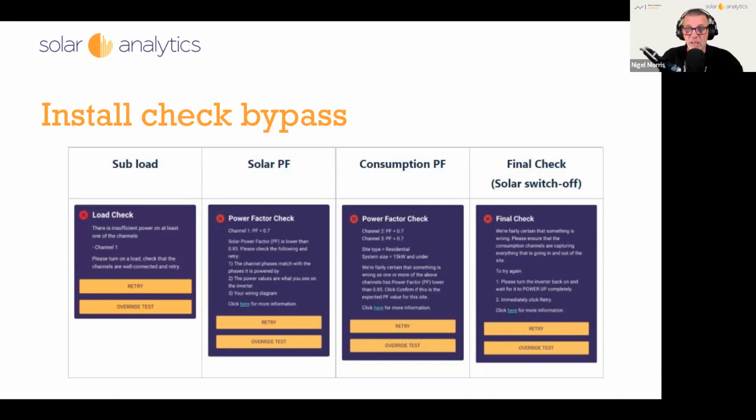Now, of course, if you don't fix the problem when you do the override, you're going to have a site that's not working properly and you're going to end up having to call in. So don't push it just to speed things up, because you're still going to have a problem unless you know how to fix it. So install check now has an increased number of overrides and bypasses available for you to speed up the install process at the end of the classic install process.